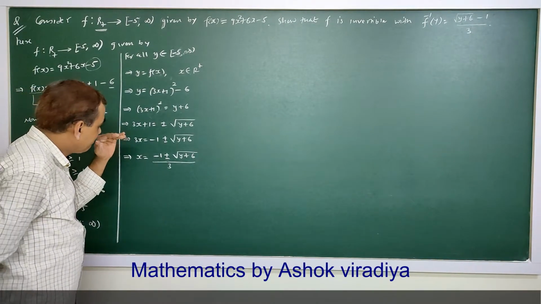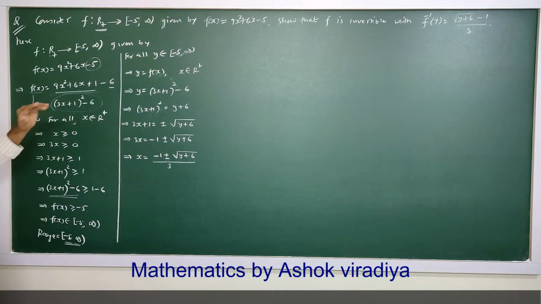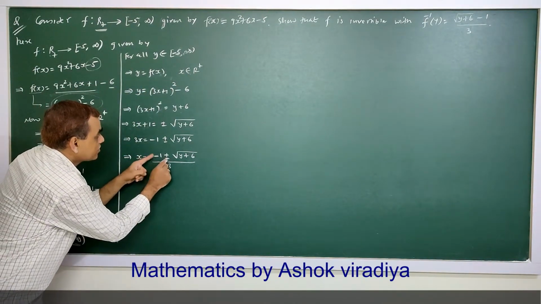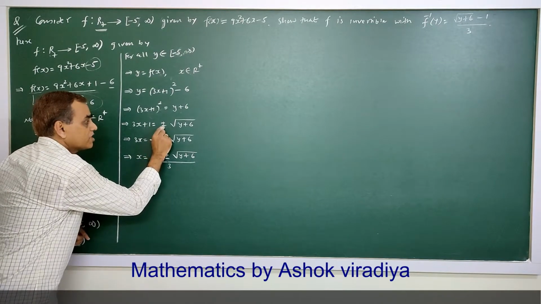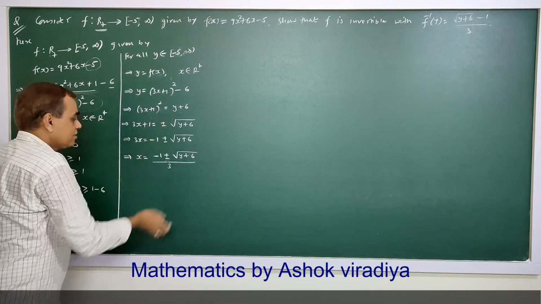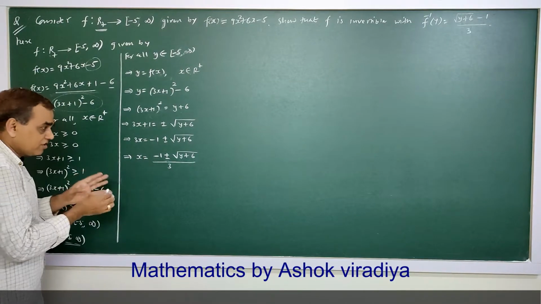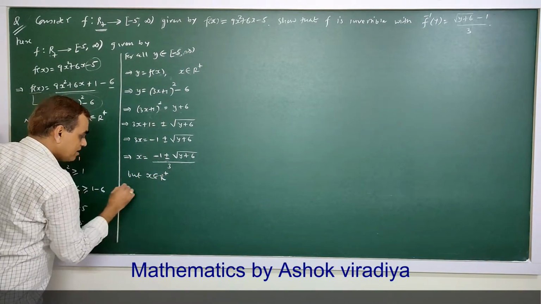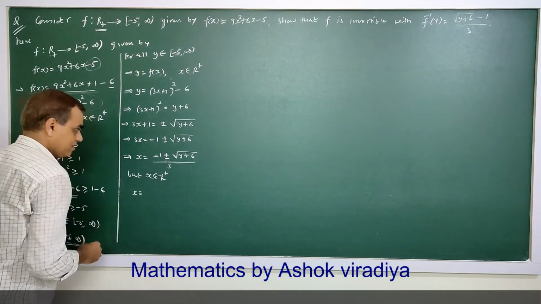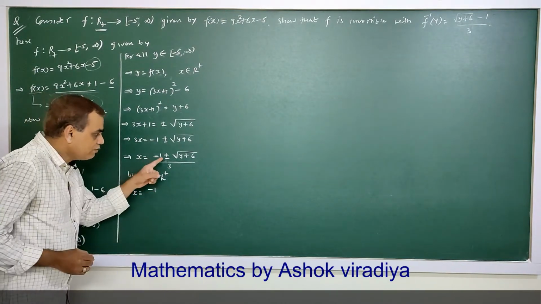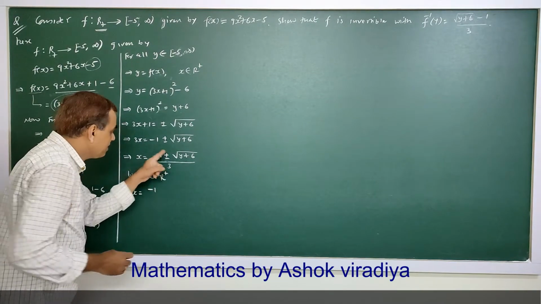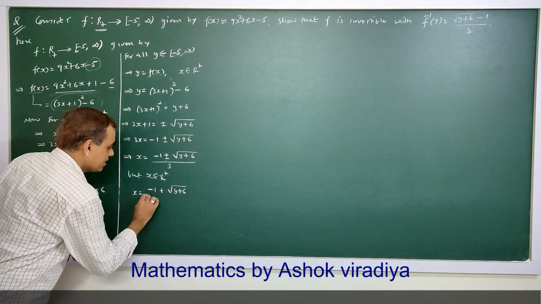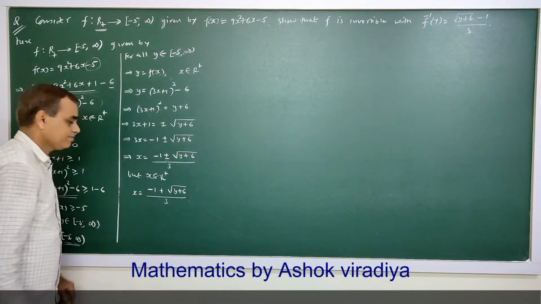So because x is in R plus, non-negative, the minus sign is not possible. We keep this with the condition that x belongs to R plus. So x is minus 1 plus square root of y plus 6 upon 3.